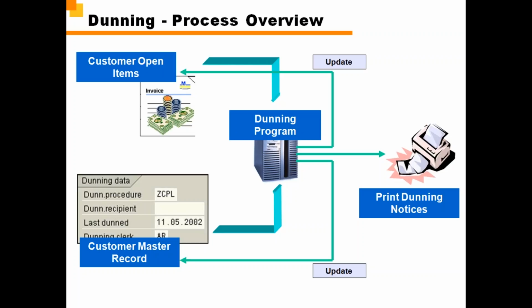Before this, I want to clear something. This dunning you can use for a normal customer as well as a one-time customer. It doesn't mean that it can be used only for the normal customer, not for the one-time customer. One more thing, this dunning can also be used for a vendor along with your customer.